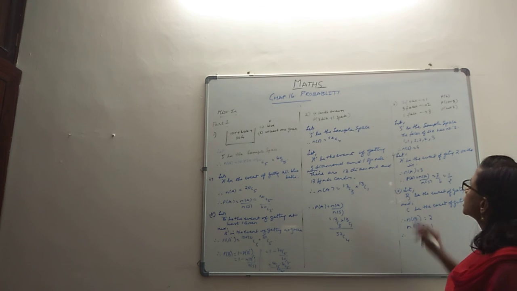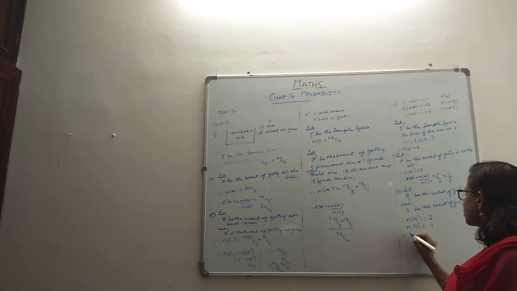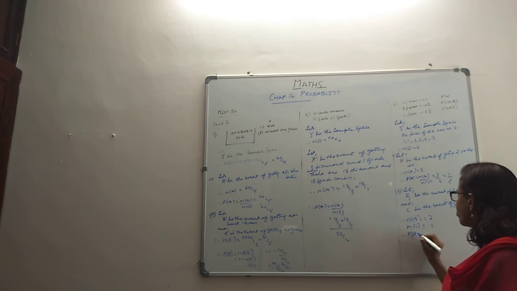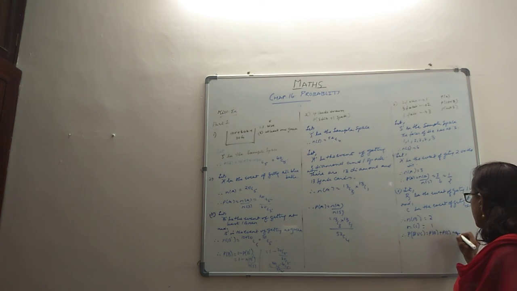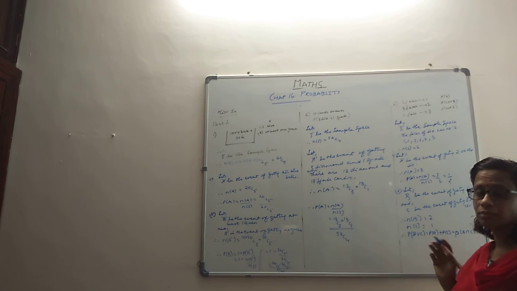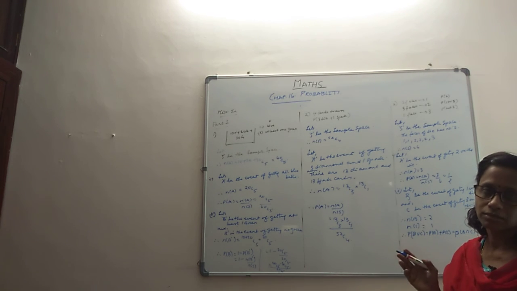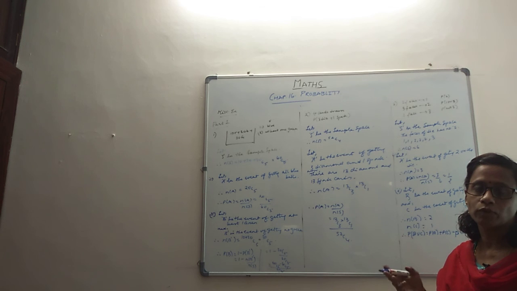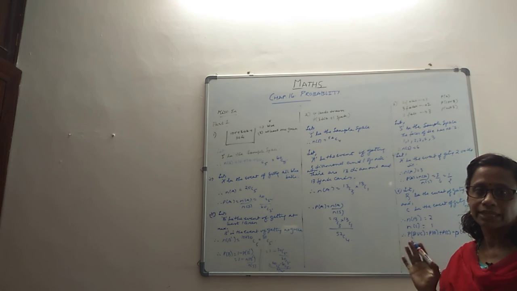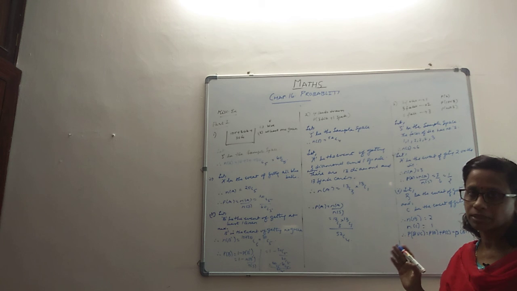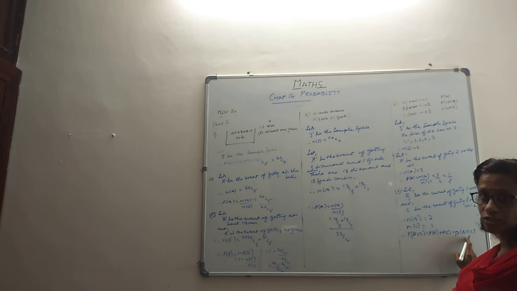They have asked us 1 or 3, so that means probability of B or C. That is probability of B plus probability of C minus probability of B intersection C. Now there is no intersection between these. One face gives one number, so they are mutually exclusive events.